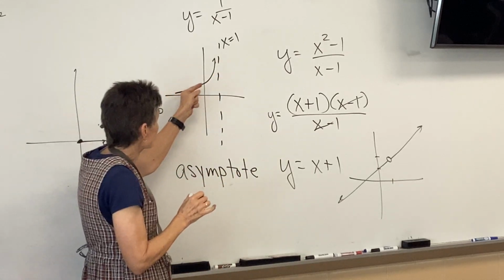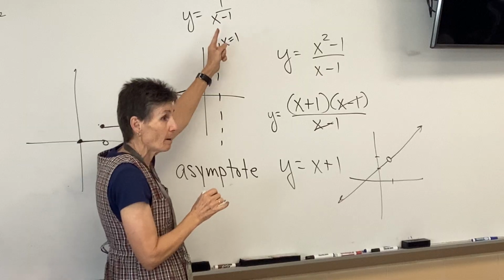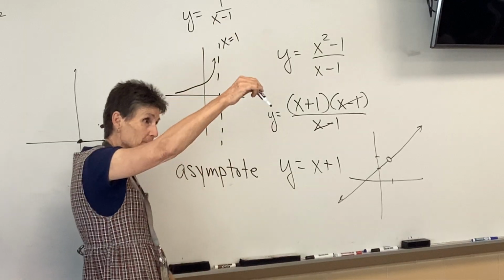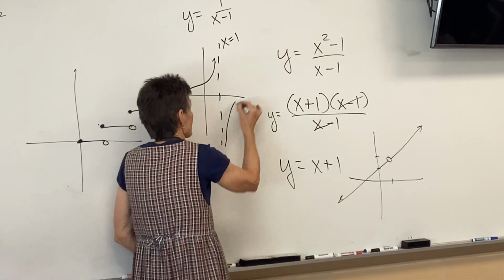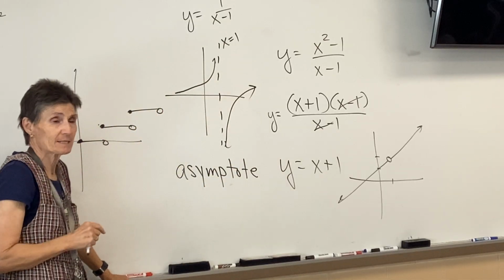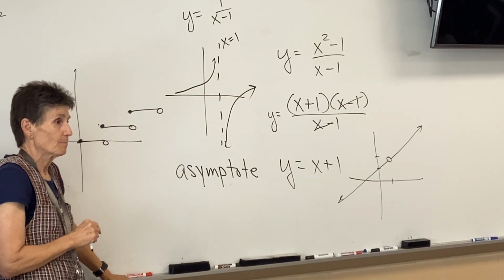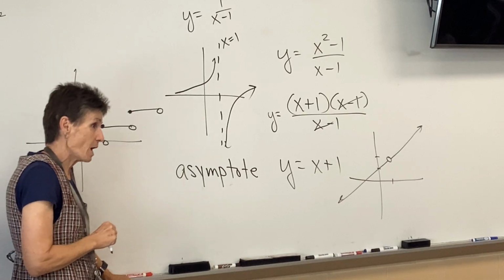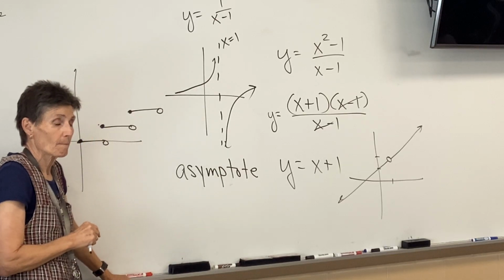So as it comes this way, it has to go up, up, up. Then I gotta pick my pencil up and start the next piece. 2 separate pieces of picture with an infinite or non-removable discontinuity.